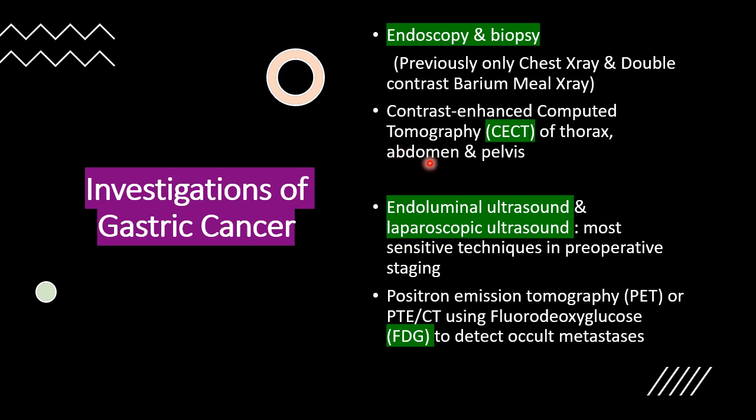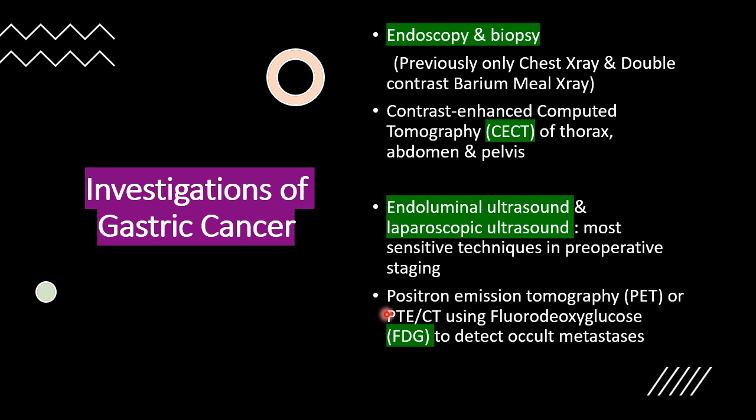Second investigation, contrast enhanced computed tomography or CECT of the thorax, abdomen and pelvis. This is also very important for the staging of the disease. Endoluminal or endoscopic ultrasound and laparoscopic ultrasound are also done in most cases before operation in order to ensure there are no secondaries in the abdomen.